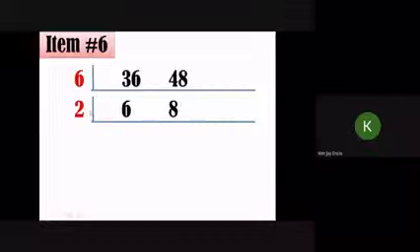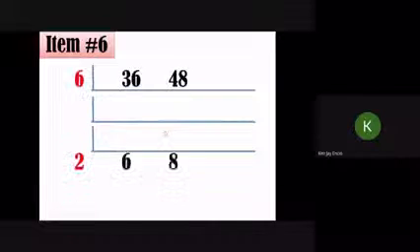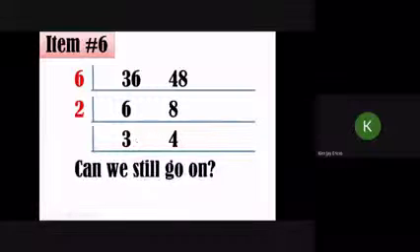So continuing, this will be 3, because 6 divided by 2 is 3, and 8 divided by 2 is 4. And 3 and 4 are already relatively prime. When we say relatively prime, their GCF is 1. So we shall stop here and just get the product of the numbers at this side.